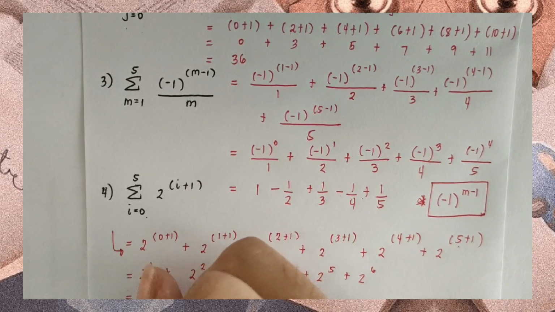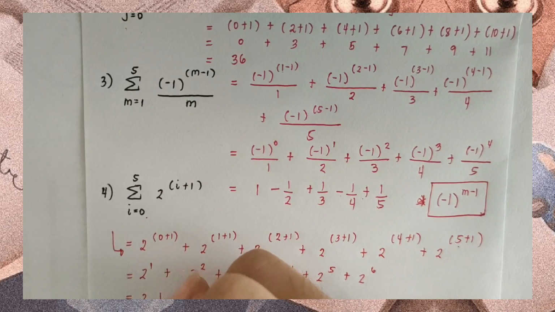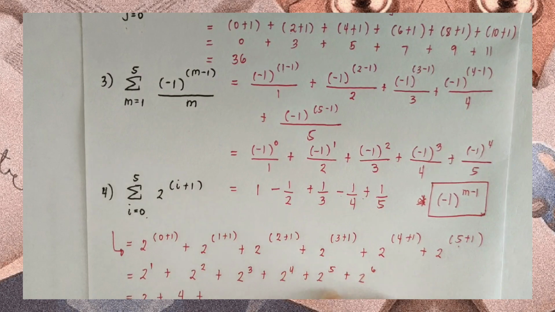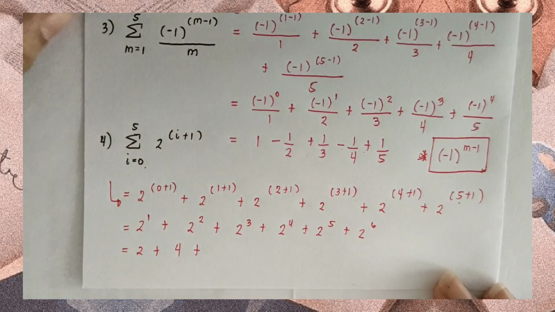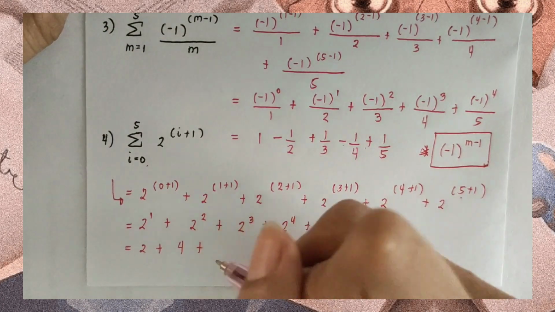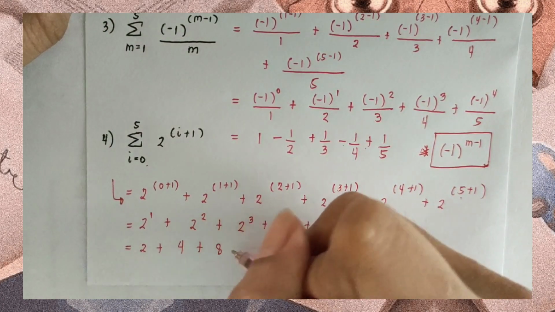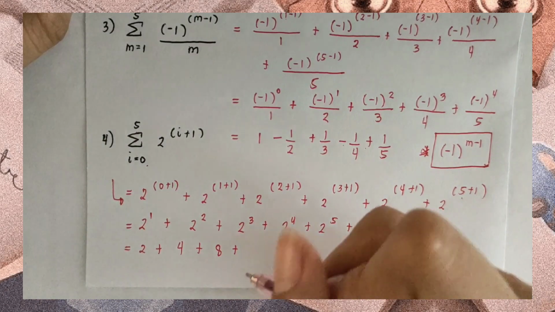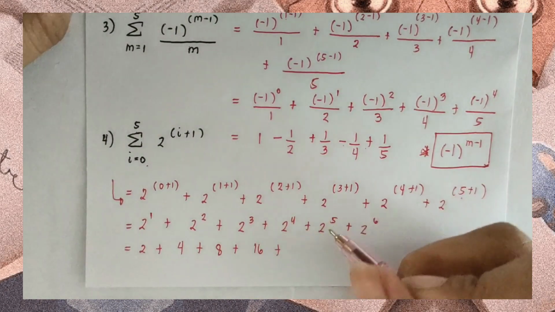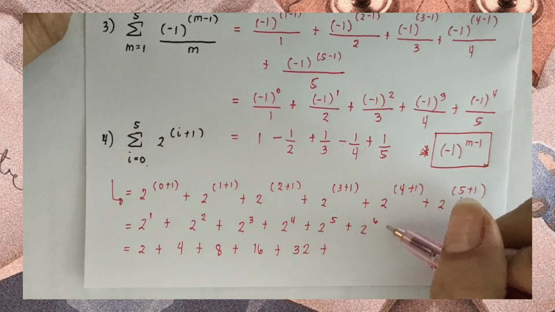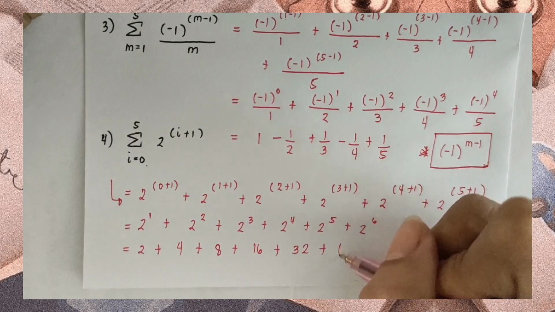Let us simplify. 2 raised to 1 is 2 plus 2 raised to 2 is 4 plus 2 cubed is equal to 8 plus 2 raised to 4, that is 16, plus 2 raised to 5 is 32, and then 2 raised to 6, that is 64.